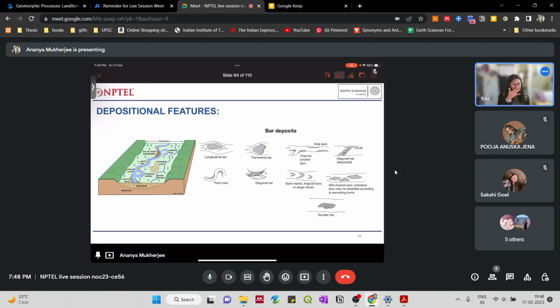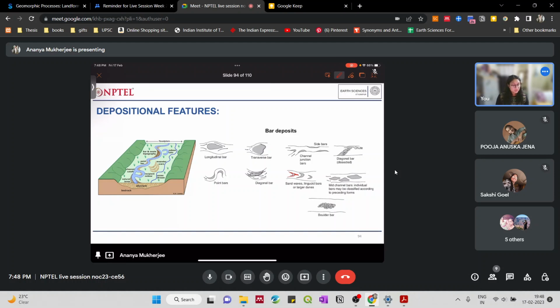You have side bars, diagonal bars, you have sand waves. Waves, why? Because they are forming the curvature, sorry, it is forming curved kind of point bars. And you can see that the crest of that sand wave is going to point towards your flow direction.